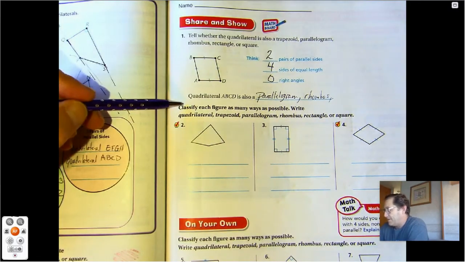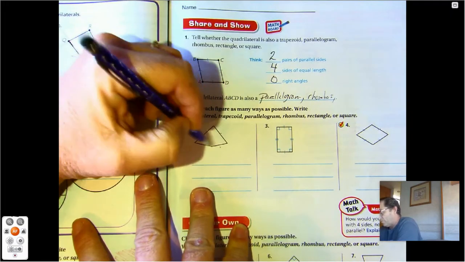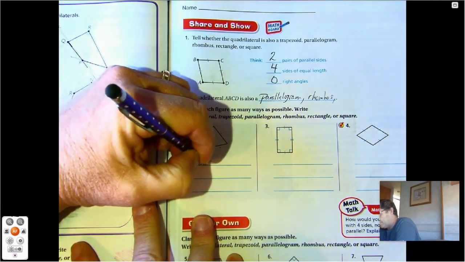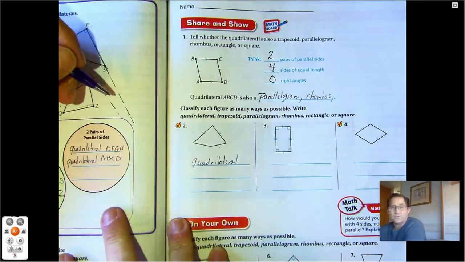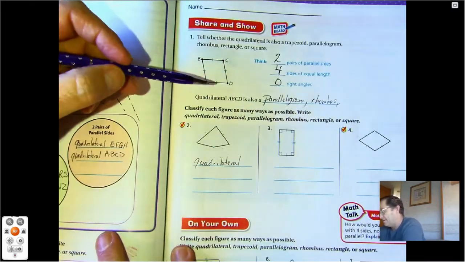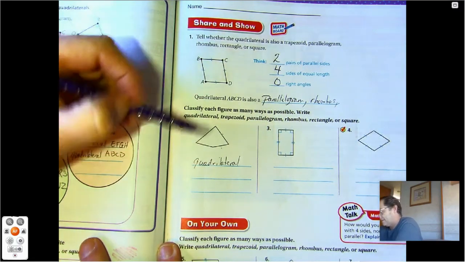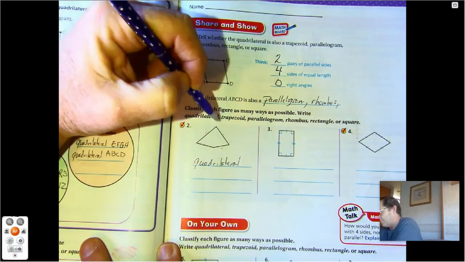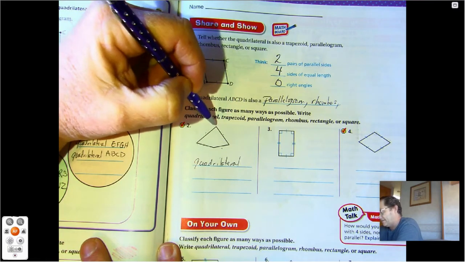Classify each figure as many ways as possible. Write quadrilateral, trapezoid, parallelogram, rhombus, rectangle, or square. 1, 2, 3, 4. So 2 has to be a quadrilateral. Is it a trapezoid? Trapezoids have exactly one pair of parallel sides. Well, this is not parallel to anything. This is not parallel to anything.